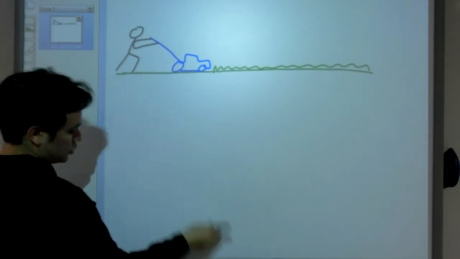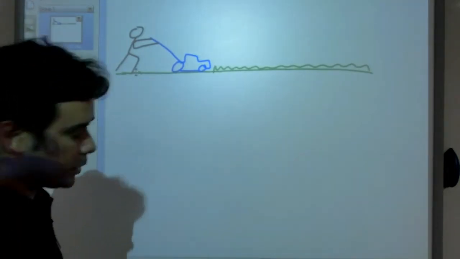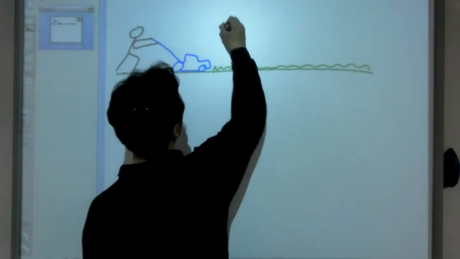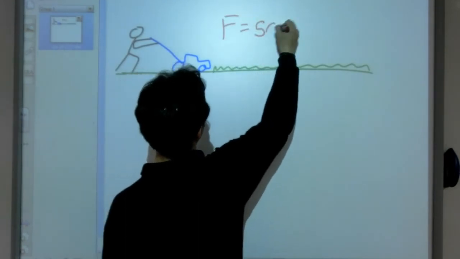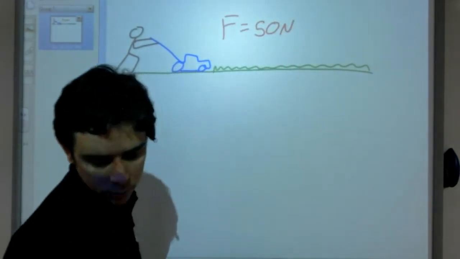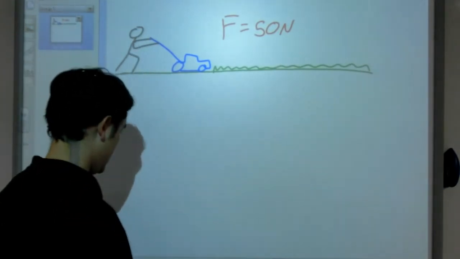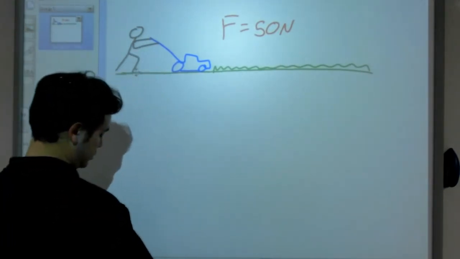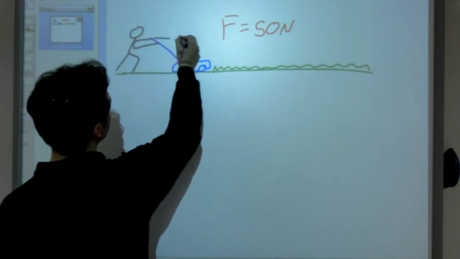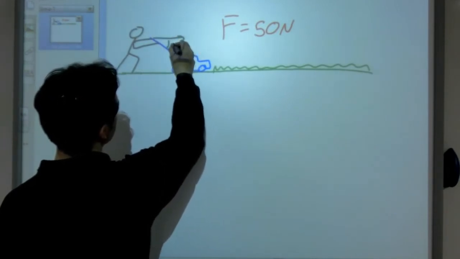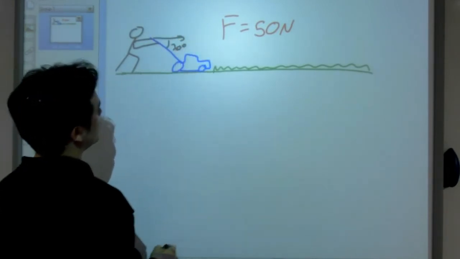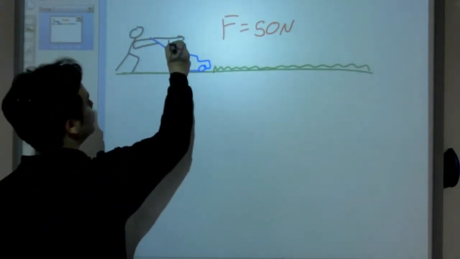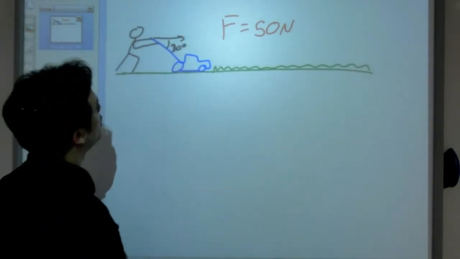Now, I'm going to push with a force equal to 50 newtons. And I'm pushing down the handle of the lawnmower. So here's the horizontal, and this handle is at a 30-degree angle with the horizontal.